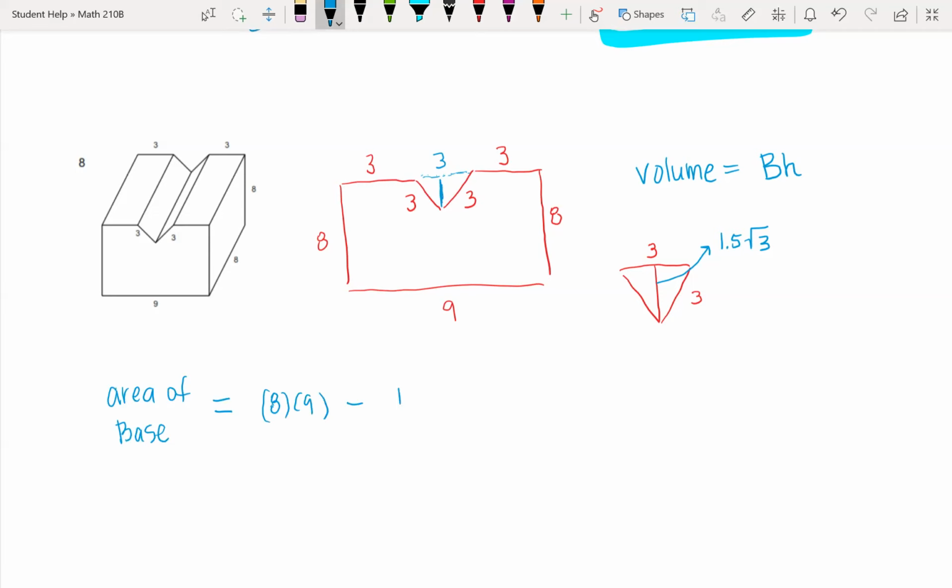And then minus 1/2 the base, which is 3, times the height, which is 1.5 times the square root of 3. All right. So 3 times 1.5 divided by 2. So I'm getting 72 minus 2.25 times the square root of 3 for the base.